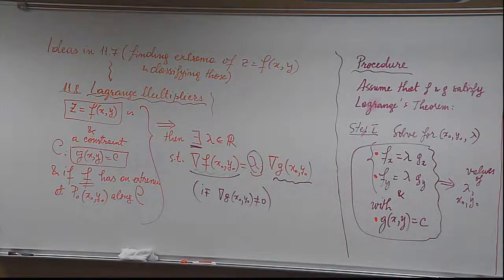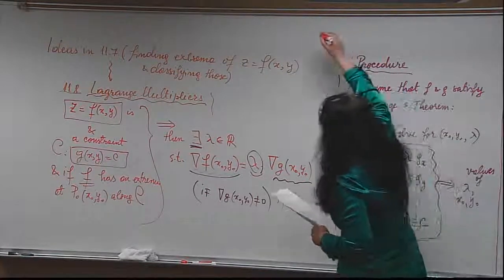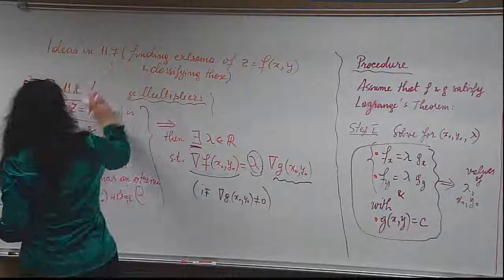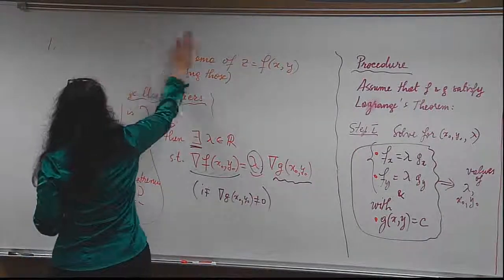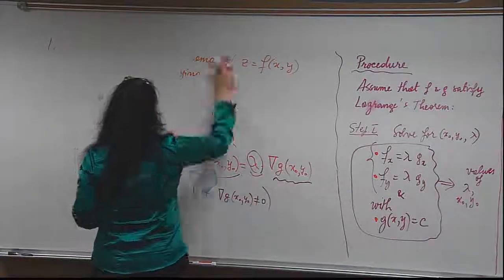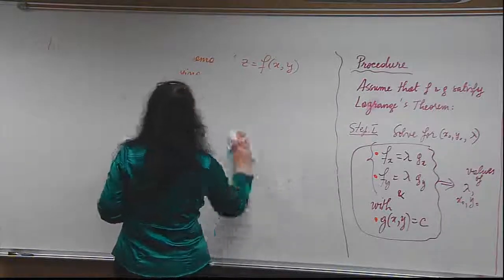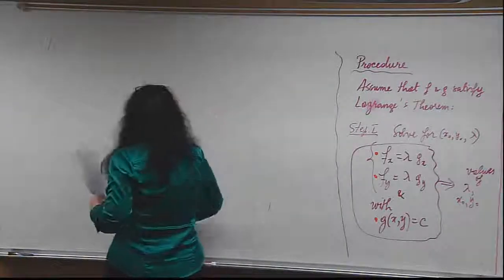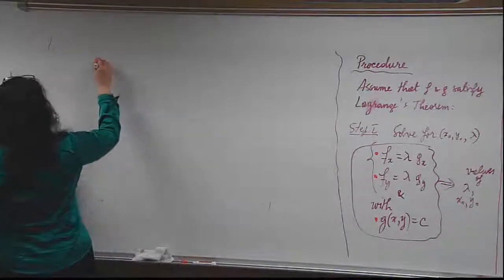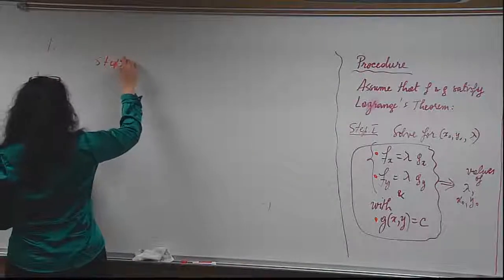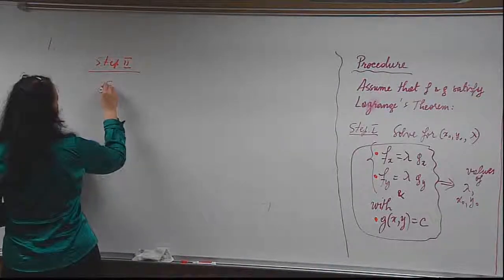And then at all these points that we found in step 1, step 2: for all the points x0, y0, and lambda 0 you got in step 1, you have to evaluate the f function.